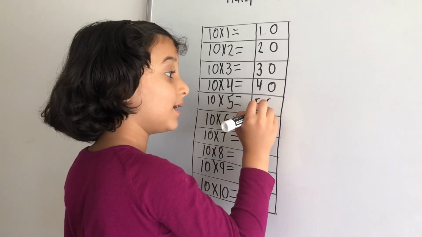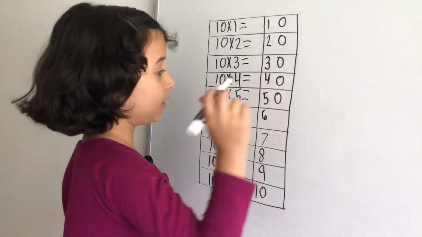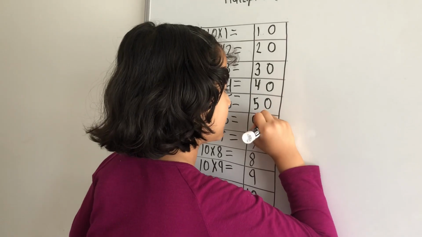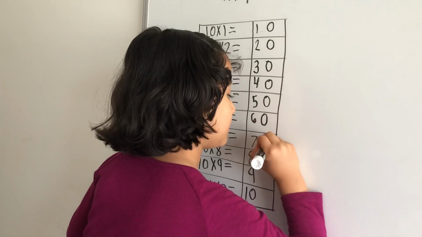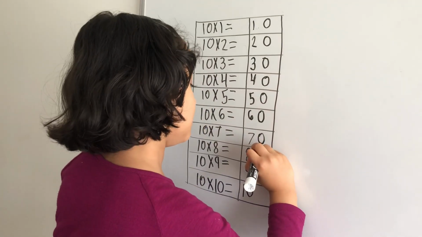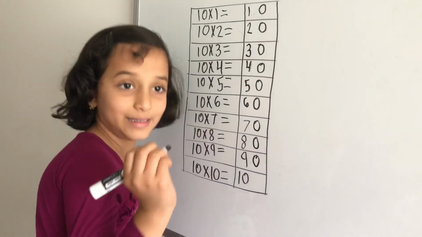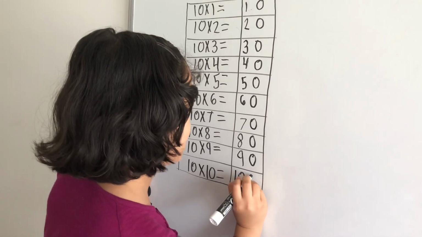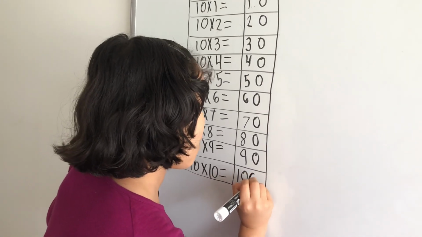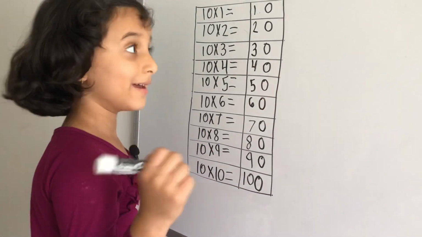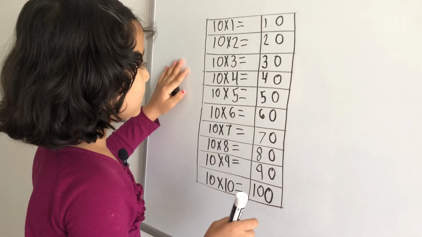And then it becomes 50. And then 60. And then 70. And then 80. And then 90. And then what comes? 100. So guys, this is the trick.